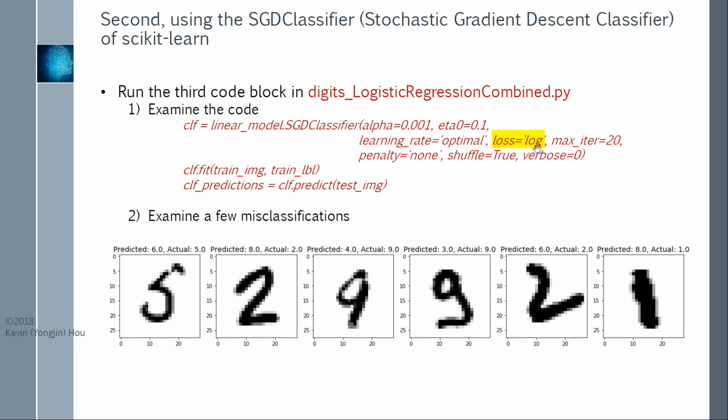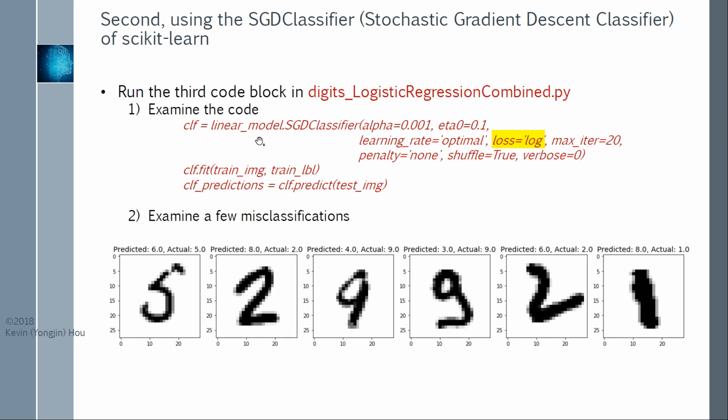This gives us something equivalent to the logistic regression, the previous method we used, because the SGD classifier also supports other types of classification. To make it equivalent to logistic regression, we have to specify that the loss function is log. There are some other hyperparameters that may need optimization, but among all those, this is the most critical.